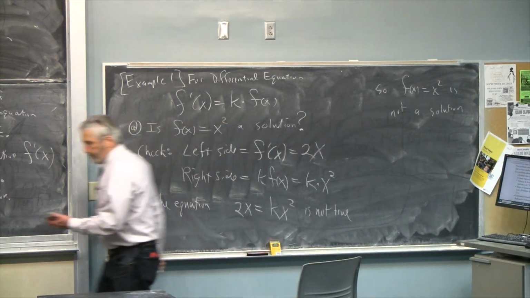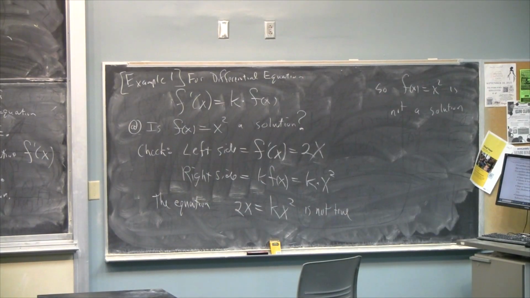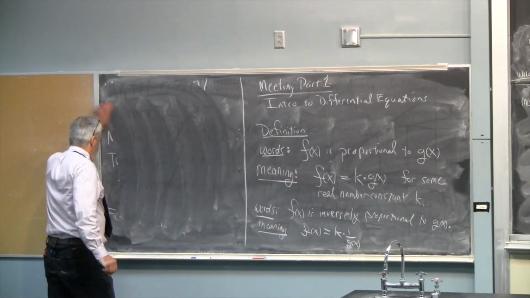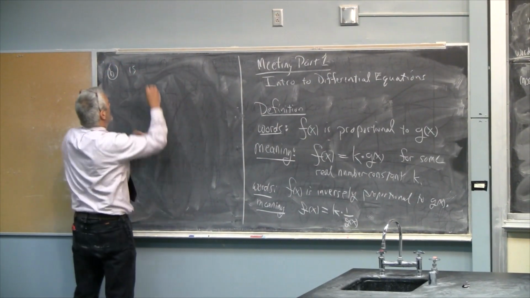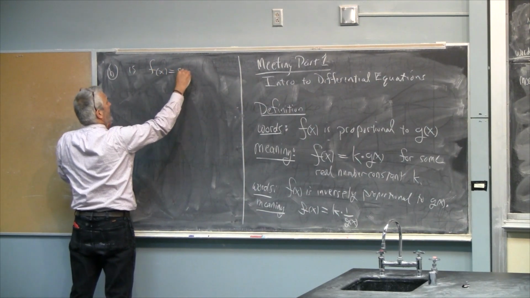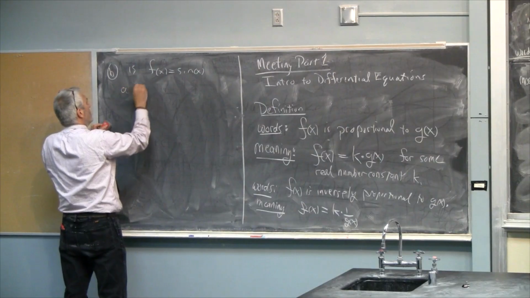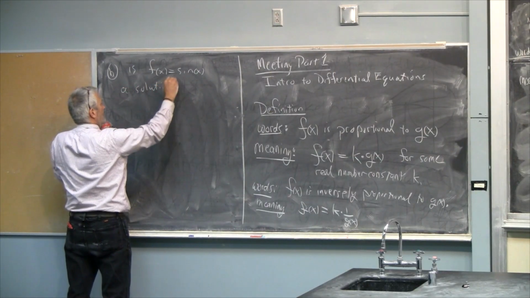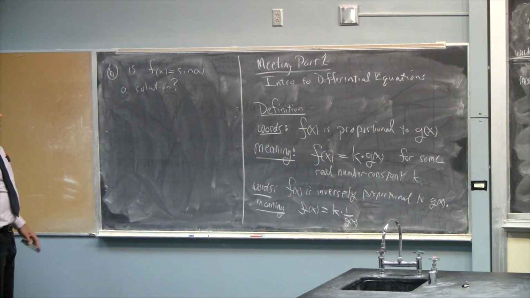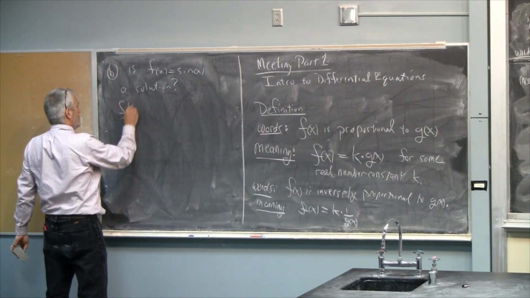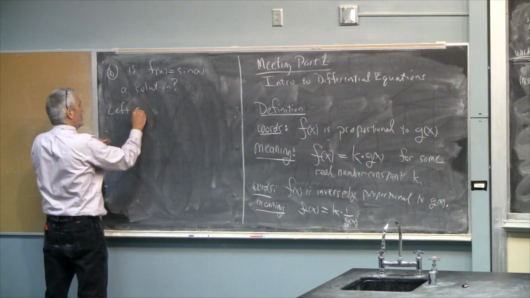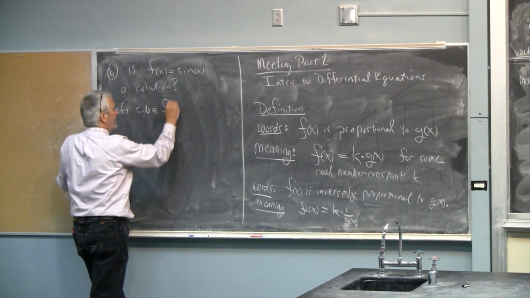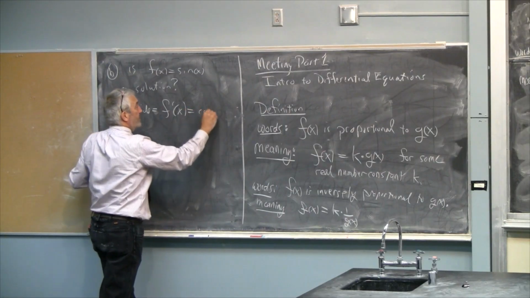Okay, let's do question B. Ooh, somebody brought down a new eraser for me. B, is f of x equals sine x a solution? Well, let's see. f prime of x is, so this is the left side, f prime of x, and that's going to be cos x.